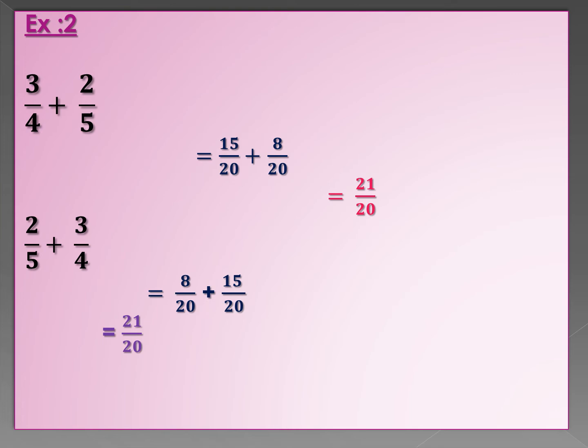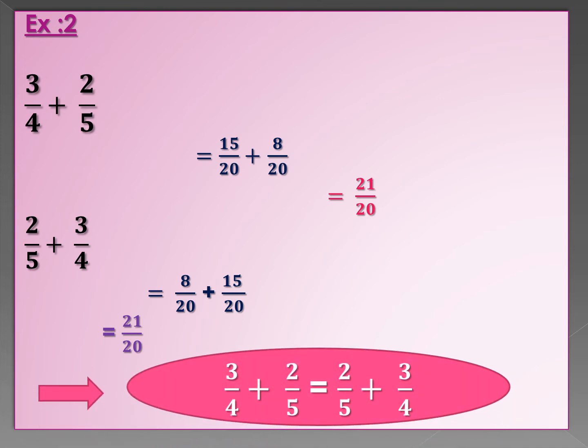So the commutative property is satisfied for the addition operation in rational numbers. So we can say that 3 over 4 plus 2 over 5 equals 2 over 5 plus 3 over 4. We exchange places only, but the result is the same.